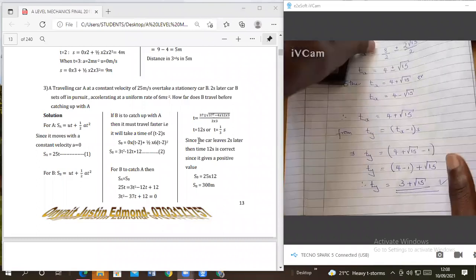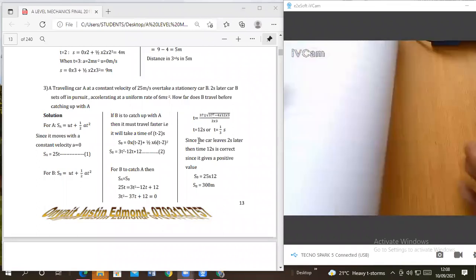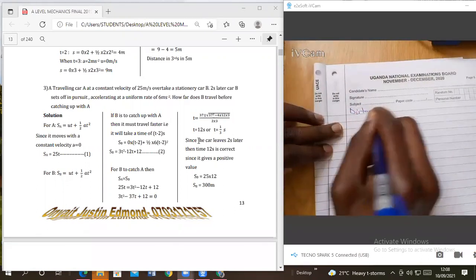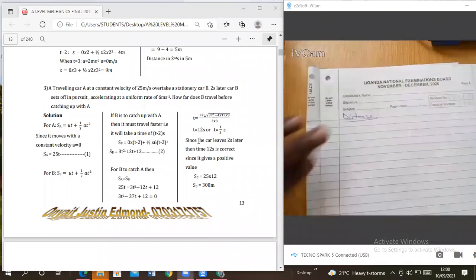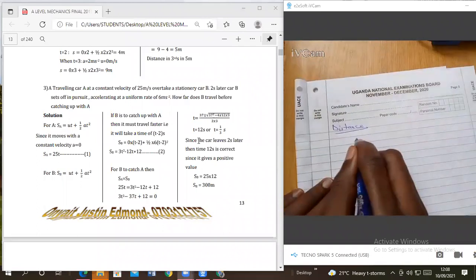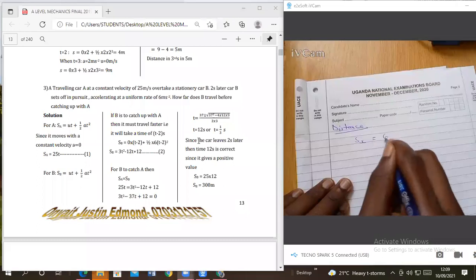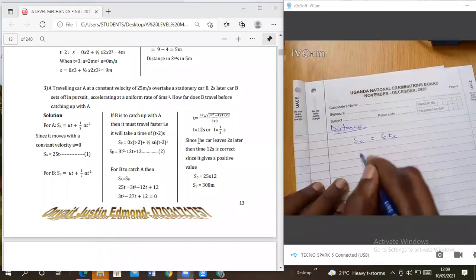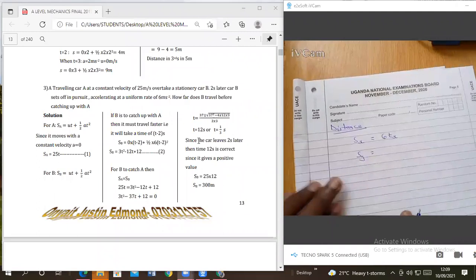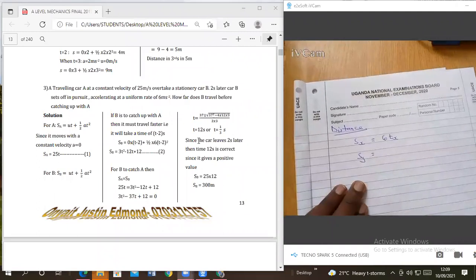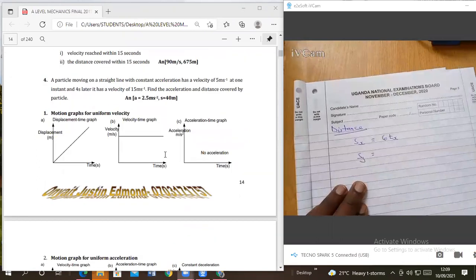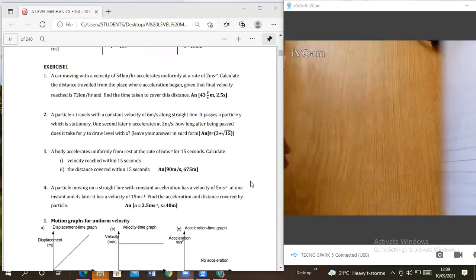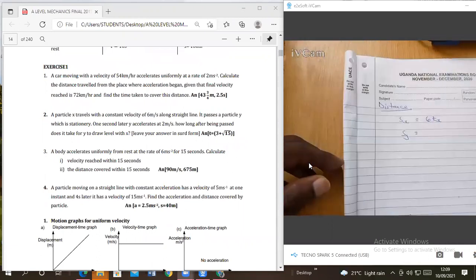Now we come back here. If in case they were asking for distance, remember we said Sx we got what? It was 6 Tx. Do you remember that? And Sy was what? Sy was Tx minus 1, in brackets, squared.